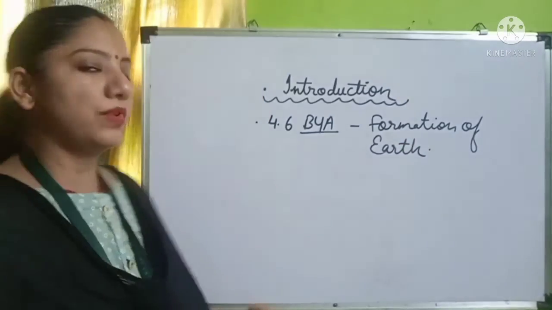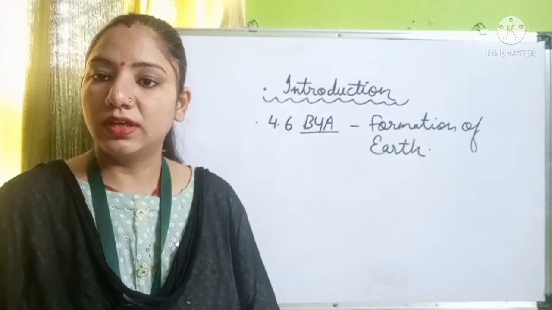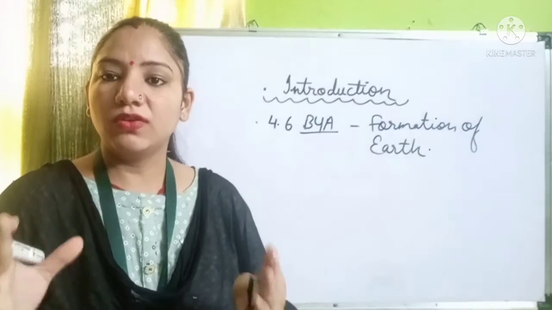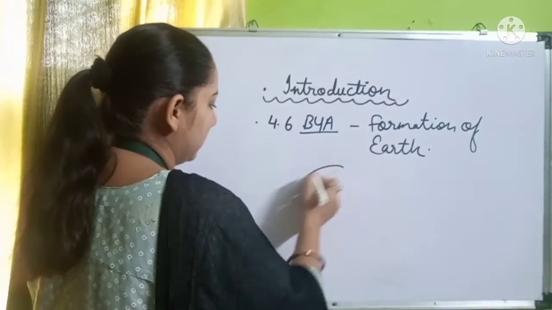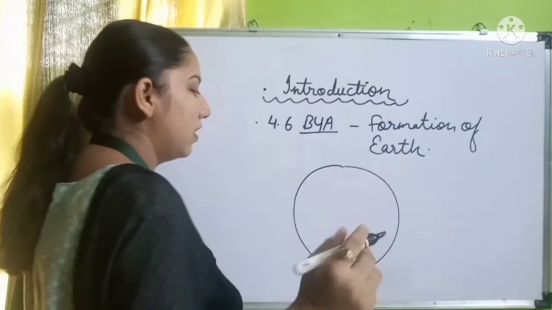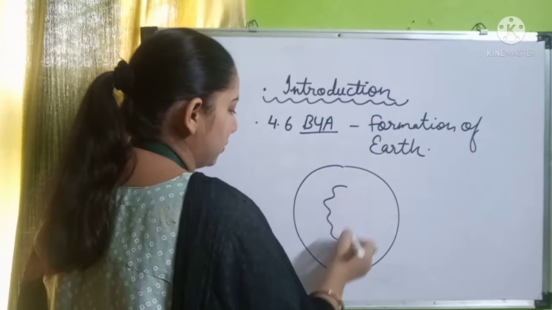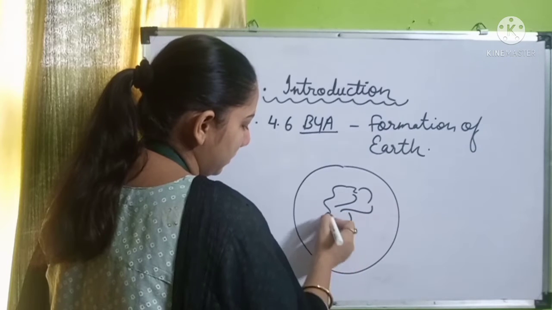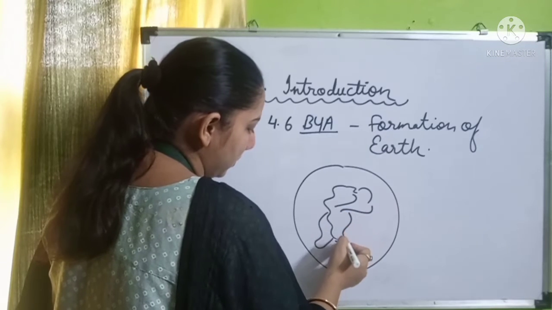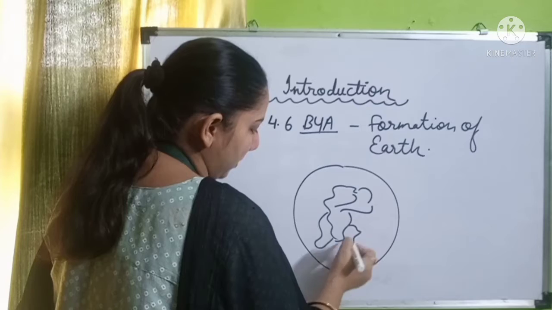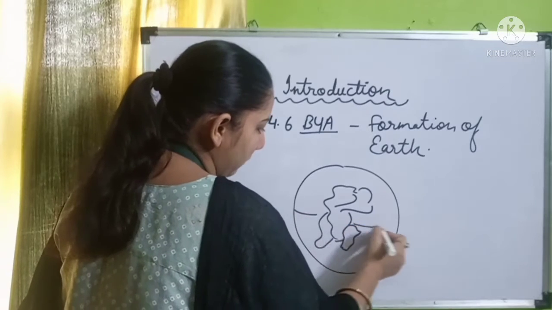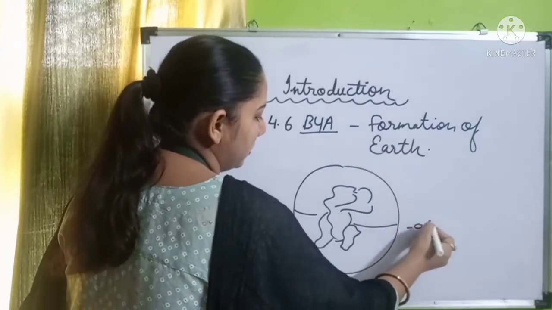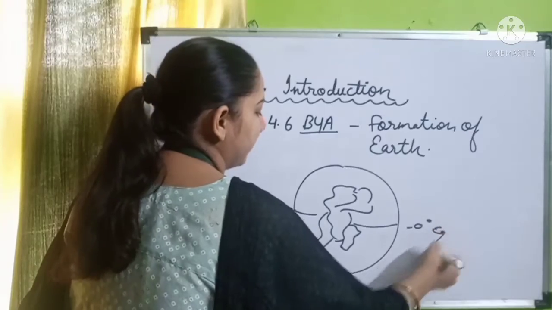After the formation of our earth, the continent which was formed was in the shape of a fish. Different types of continents were there, which were later separated from the plates, and somewhere here was the 0 degree equator.